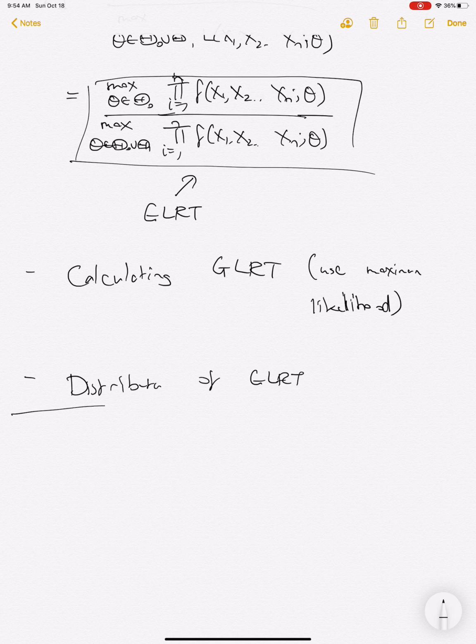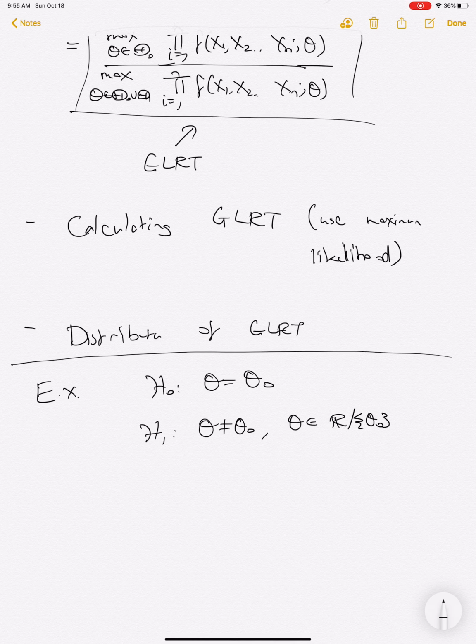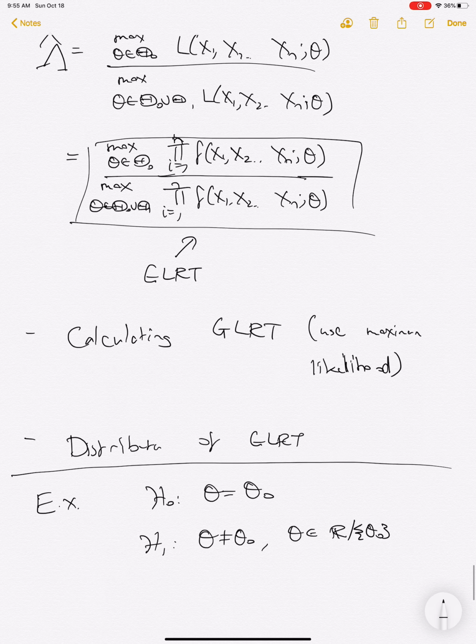So the last thing I'll leave you with is just a specific example. Let's look at one example that we've already seen today, which is H0, which is theta equals theta 0, and H1 is theta not equal to theta 0, or equivalently theta is in every point except for theta 0. So this is like the two-sided alternative that we've already seen.